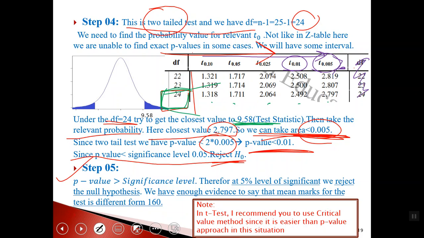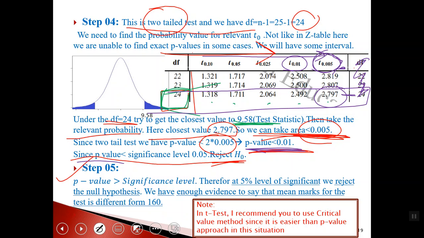You don't need this column, it is the same as the first one. So there is no value here. The row value is fixed, you have no choice, so you have to get the closest one. But this is not the exact value, so the value is definitely less than this value. That's why here p-value is less than 0.01. You can calculate the value by multiplying by 2, but it is less than that value.